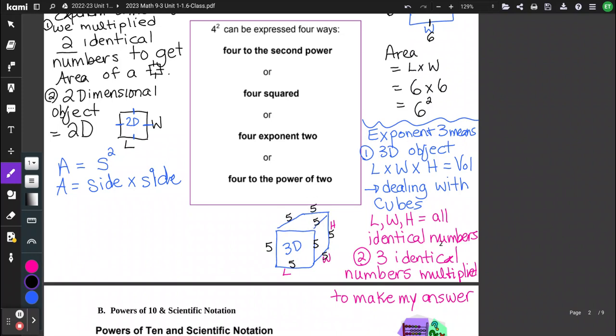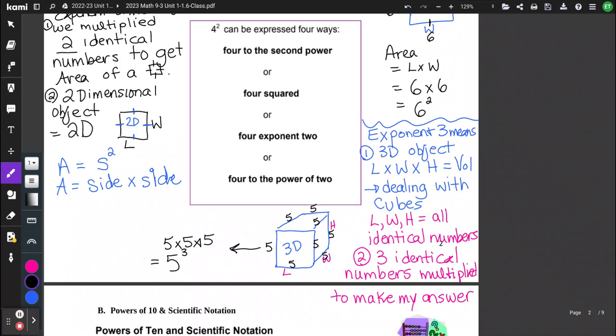Okay, so I would say this guy is 5 times 5 times 5, which gives me, 5 exponent, how many? 3. Yeah, 5 exponent 3. I've got 3 5s. That little 3 says I have length, width, and height, and they're all the same. That's what it tells me about my cube.